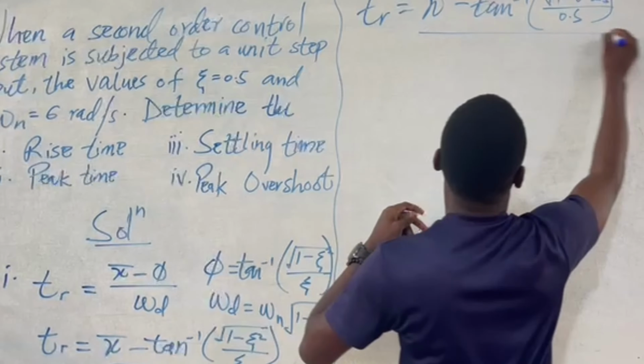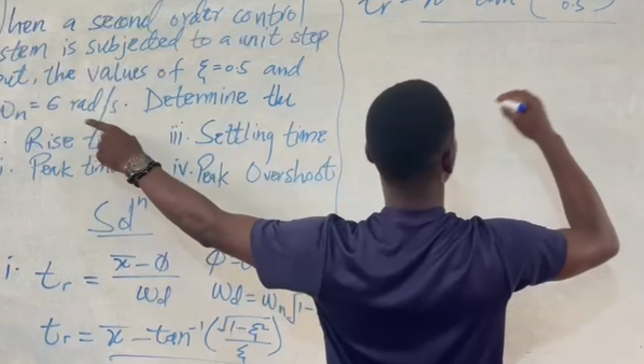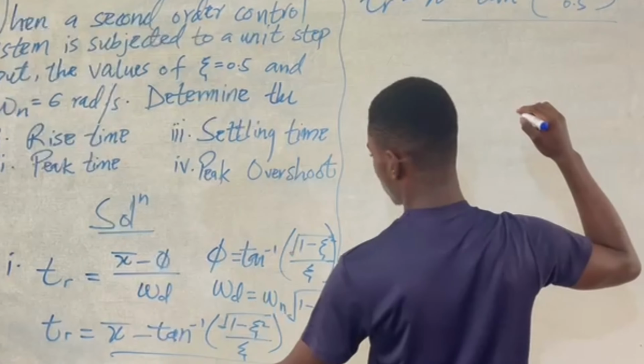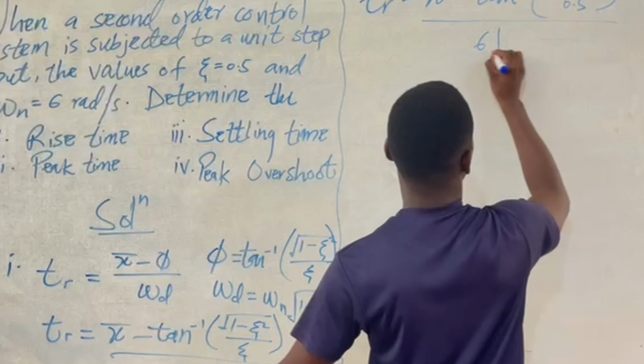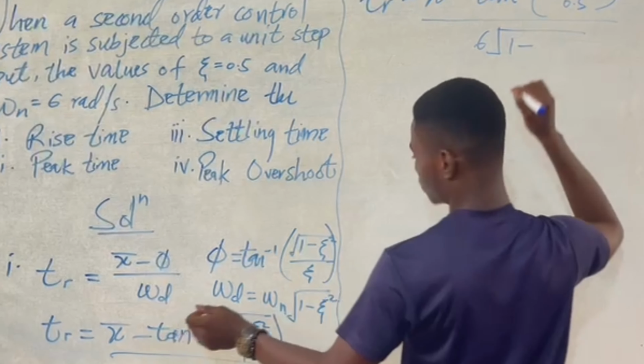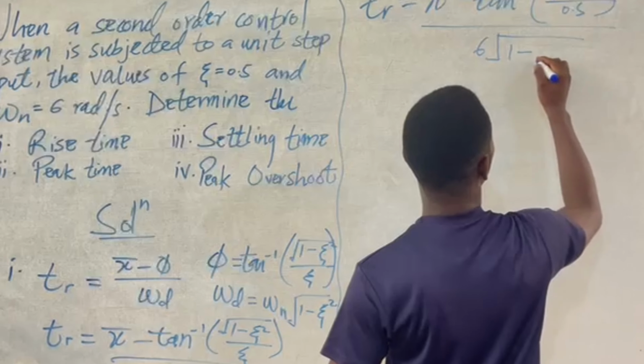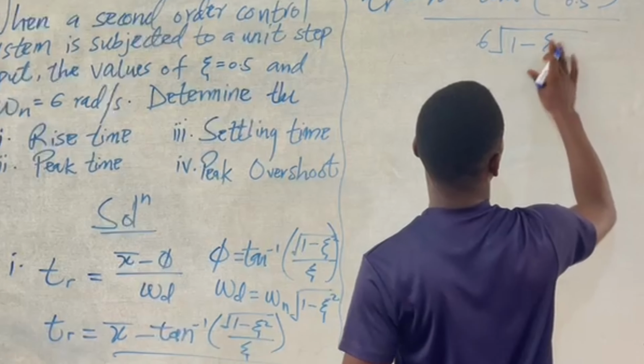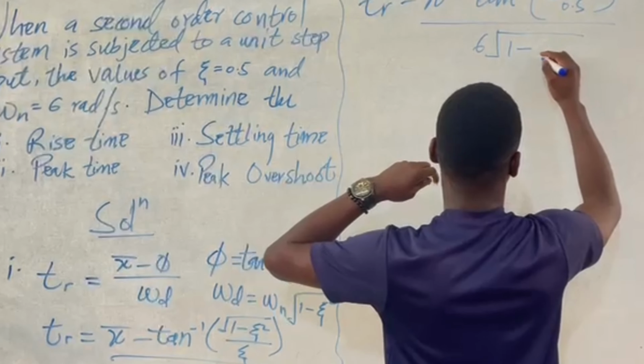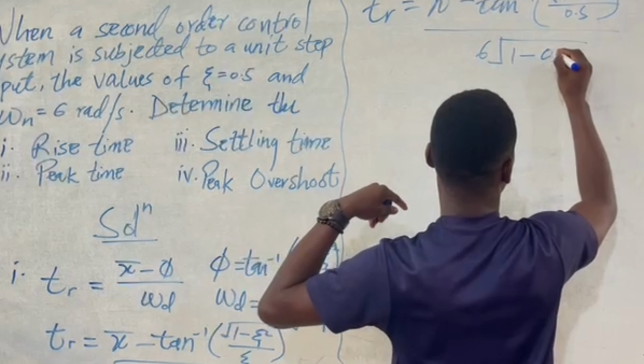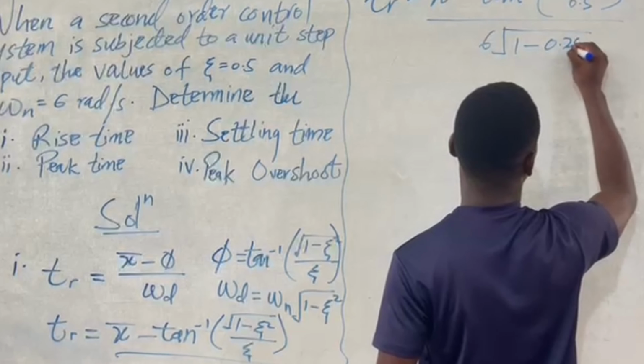And this is divided by omega n, which is 6, multiplying the root of 1 minus zeta squared. And we know zeta is 0.5, so that squared will give us 0.25.